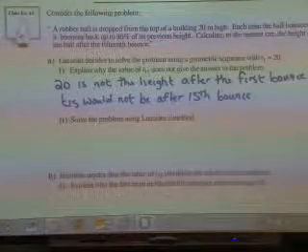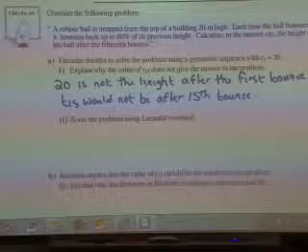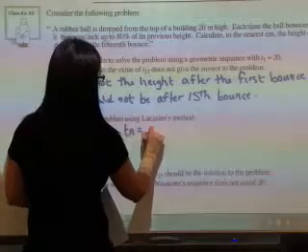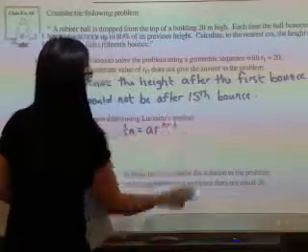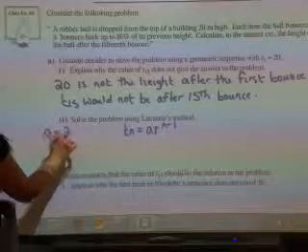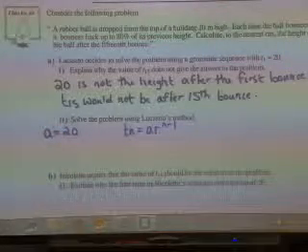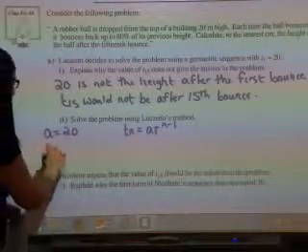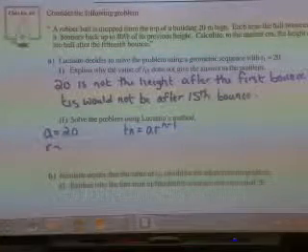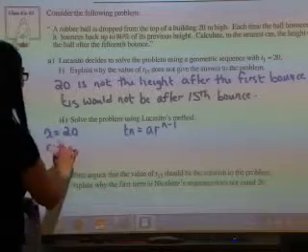So if I was to use his method, that would be t of n equals a times r to the power of n minus 1. A is the first term, or 20. What is r? 0.8.